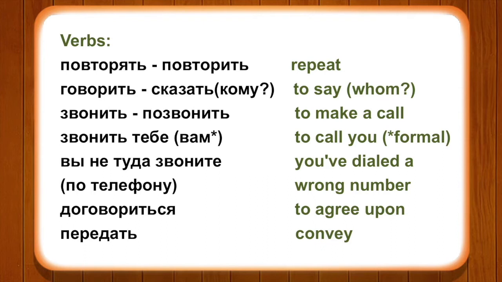To someone. Звонить тебе, звонить вам, to call you. The informal way would be тебе and the formal way would be вам. This dative case is used almost to show the direction of the action of the object verb.